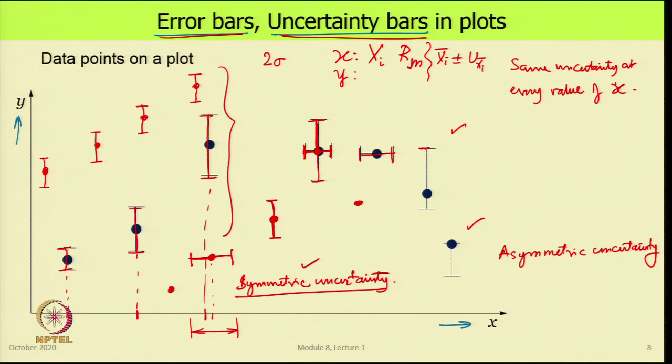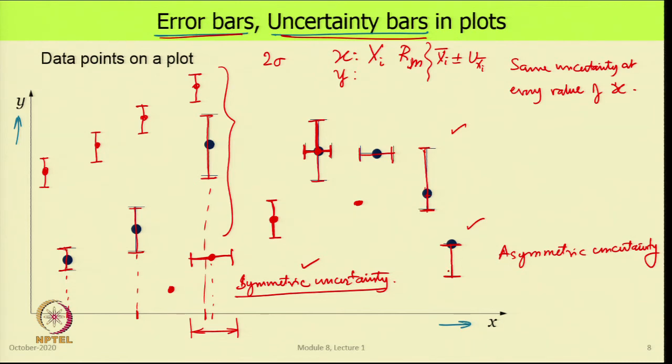So, in this case, this is the band, and it shows that here it is smaller, on the top here it is much bigger. And in this case, the case where it is showing like this, that means the mean value that we have shown is the upper limit of the uncertainty band and not the midpoint.